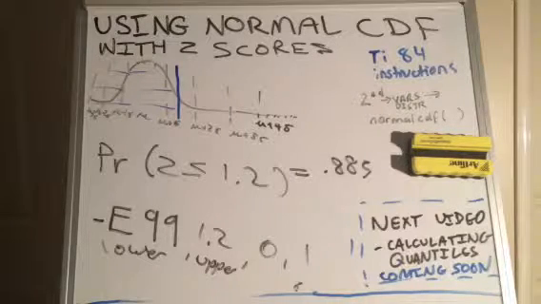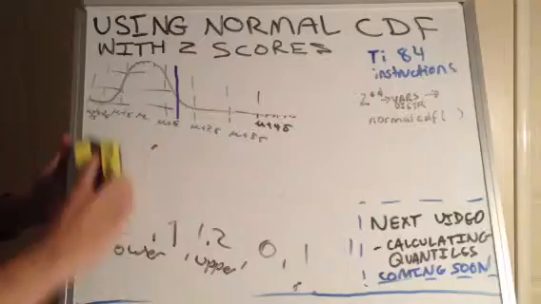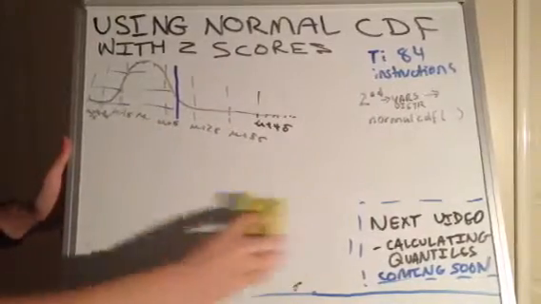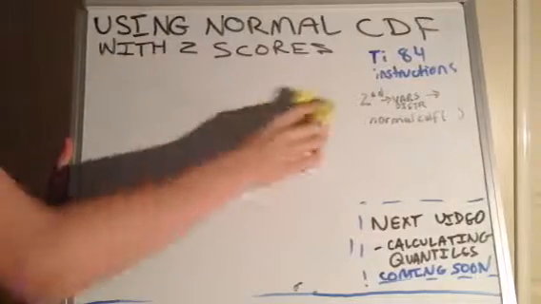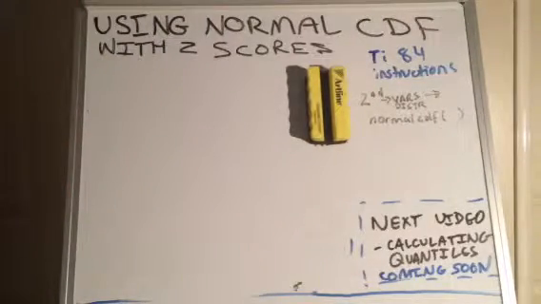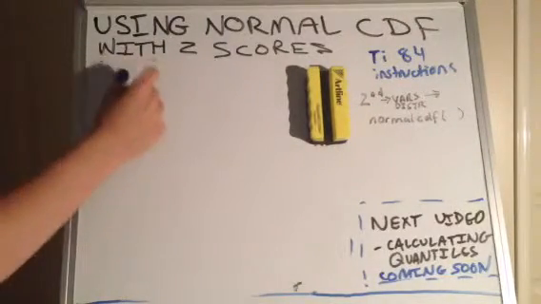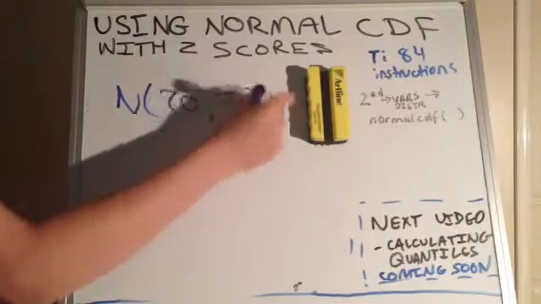Okay, so now I want to introduce you to the concept of how standard deviations and normal distributions are actually notated. So let's have a look at this. Let's say we had a distribution represented by N(70, 3 squared).